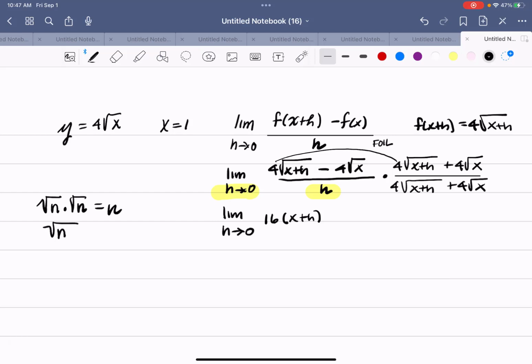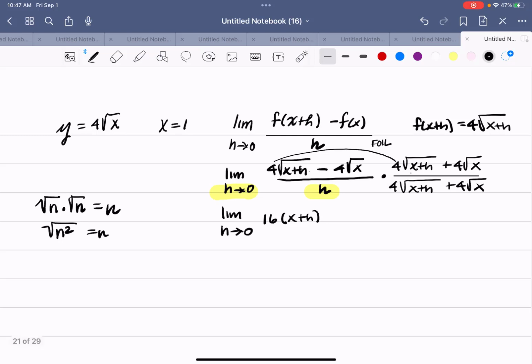Because that would be the square root of n squared, which is n. So because these two radicals are the same, it removes the root. Then I'm going to multiply the outer terms, so that's going to give me a plus 16 square root of x plus h times square root of x. Now those radicals are not the same, so you can't remove the root. You're just going to have to leave it inside the square root.